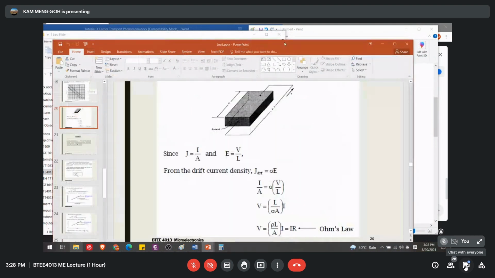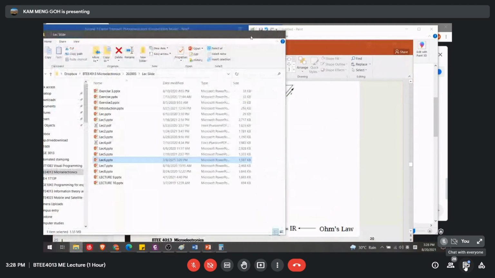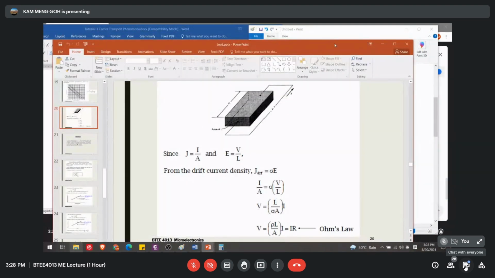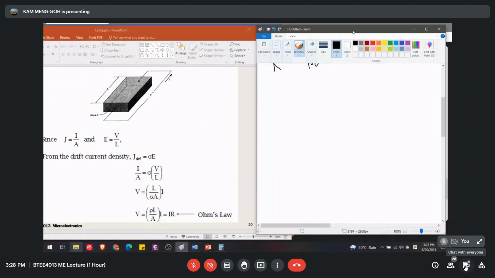Whenever we do the conductivity, this is the formula that we're going to use. V and I are already there. V, L, conductivity, A, and I. All you need to do is shift these two around. Sorry, L, V, A, and I.